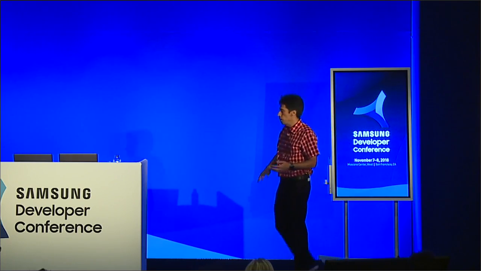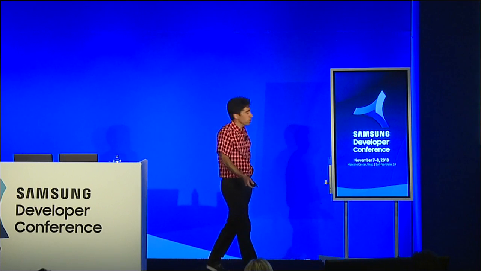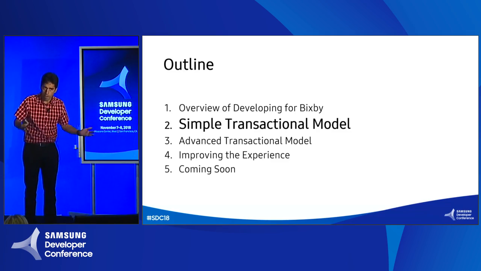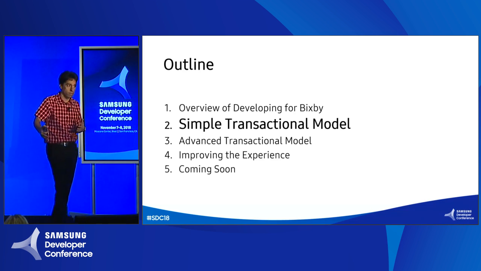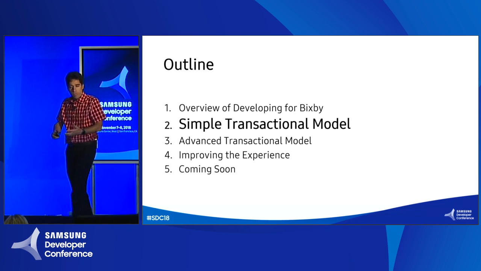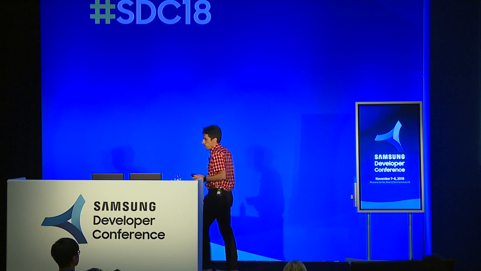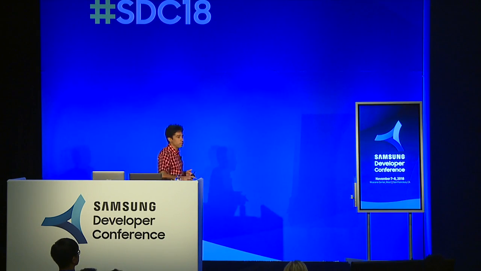So I'm going to take the Bixby capsule for space resorts, where we have the find action defined, and now I want to take it to the next level, where you not only find a space resort, but also book or make a reservation for it. I'm going to switch to the Bixby Developer Studio.